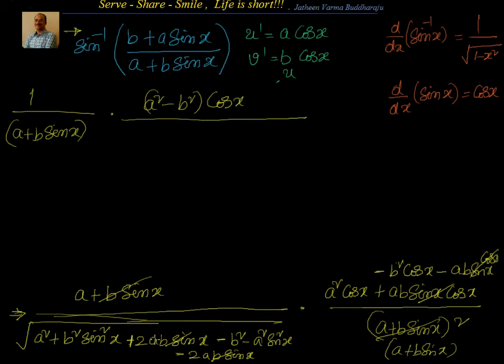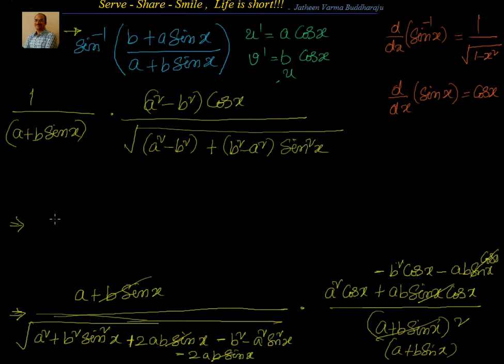Let's come down to the denominator. In the denominator, I have a square minus b square. After that, I have plus b square sin square x minus a square sin square x. So can I say plus b square minus a square into sin square x?